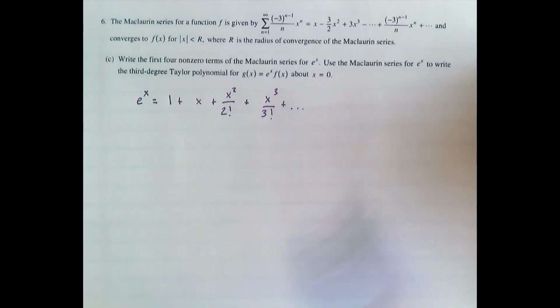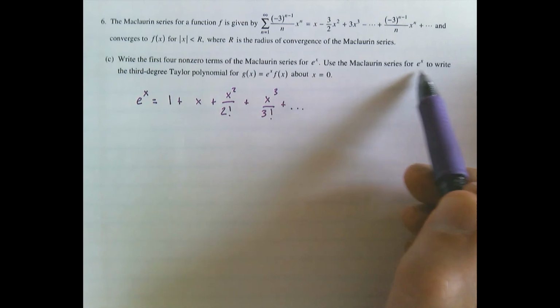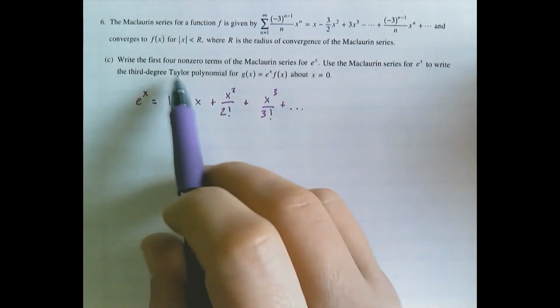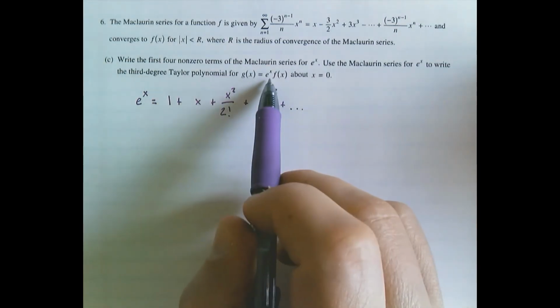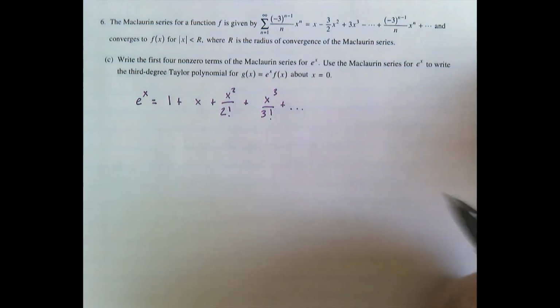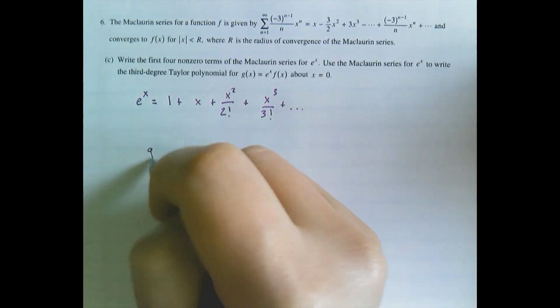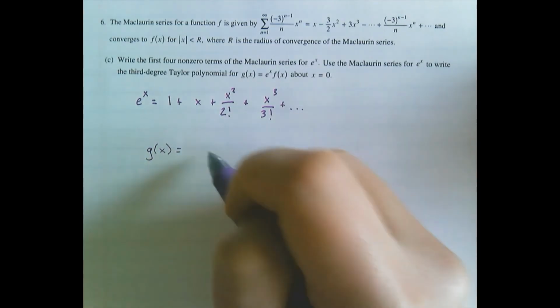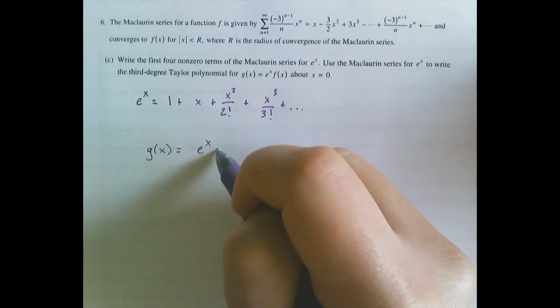Excellent. Use the Maclaurin series for e to the x to write the third degree Taylor polynomial for g of x, where g of x is e to the x times f of x.